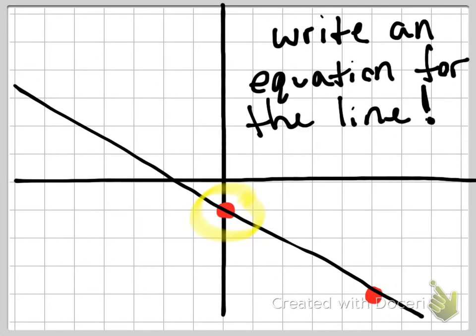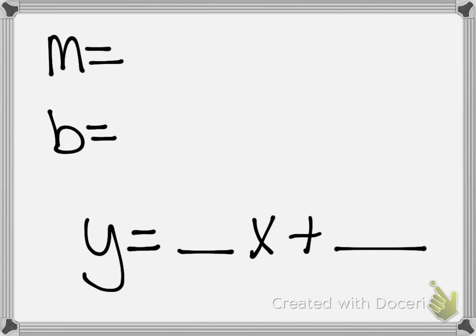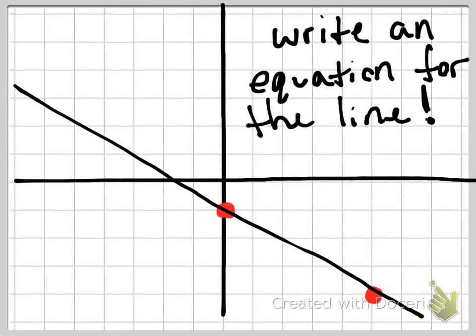So I have to identify that my B equals what? Well, I had to go down 1 to get there. So down 1 means negative, and one spot is going to be a 1.